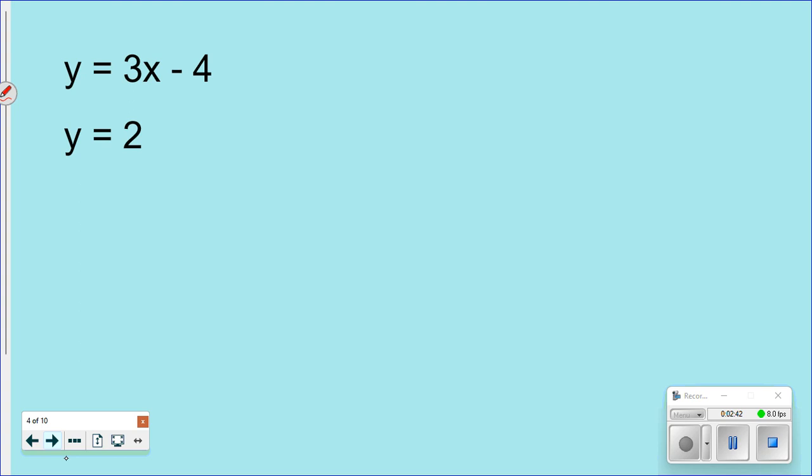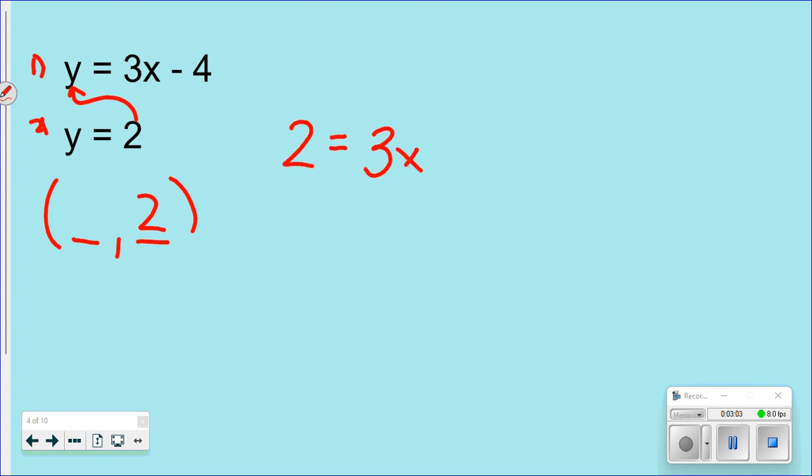I have y equals 3x minus 4, and then the bottom one says y equals 2. So this is my system. This is one equation. This is the other. I already know what my y is, so my answer is going to look like this. My y is 2. But I'm going to take my 2 and put it in for this now. So it's going to look like this: 2 equals 3x minus 4.